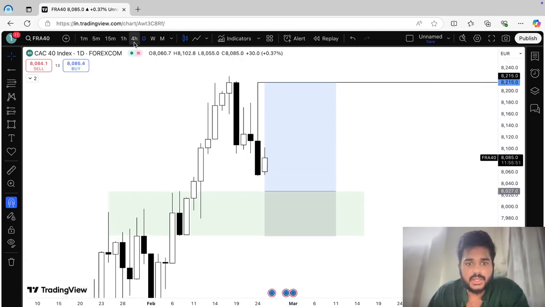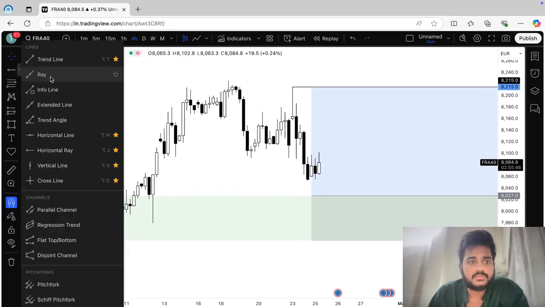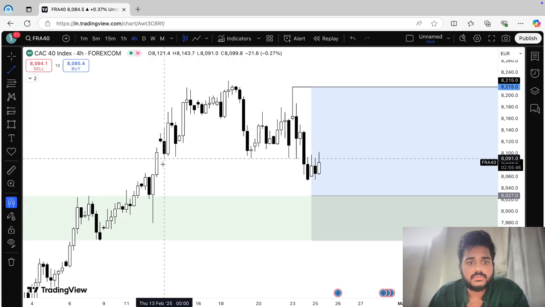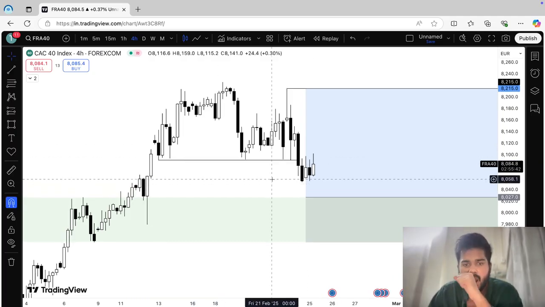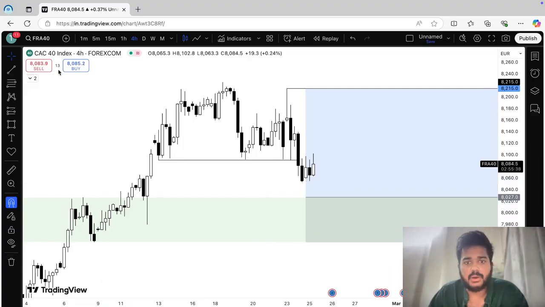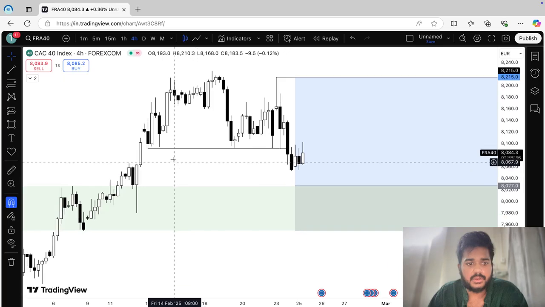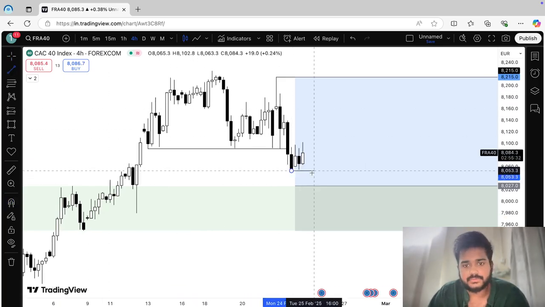And clearly the market is trying to build some liquidity over here. This was some good amount of liquidity, and possibly we have some liquidity over here as well. Okay.